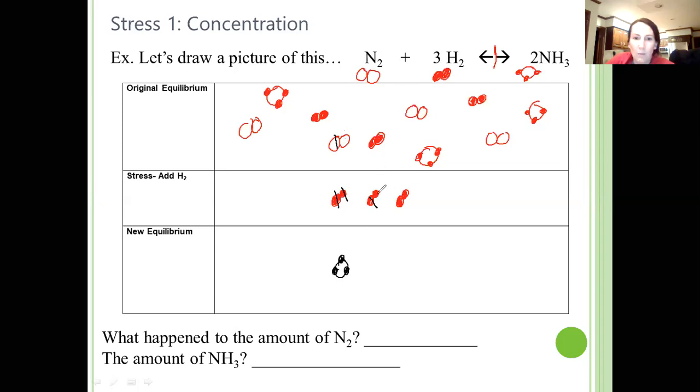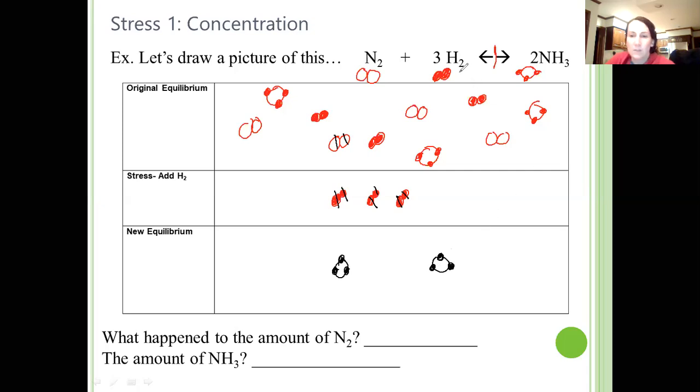And then I have 3 hydrogens left. So I want to get rid of those too. The way to do that is take those 3, and they're going to react with another nitrogen. So I've produced 2 new ammonias.